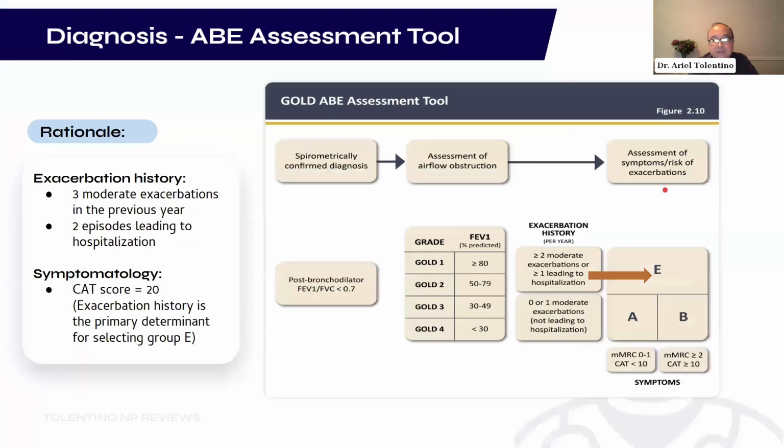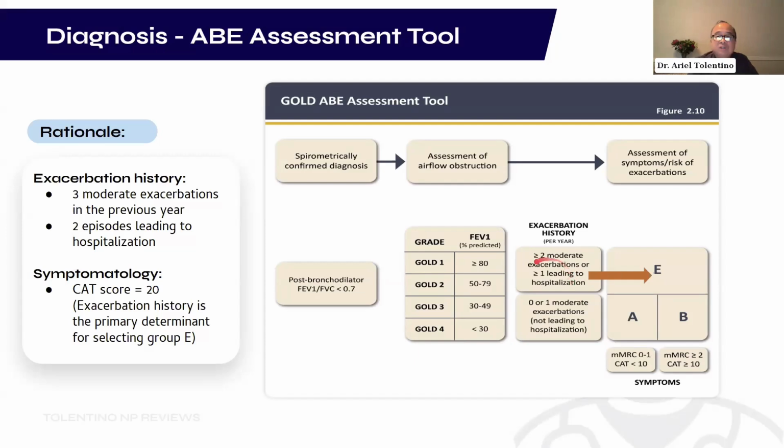Now, basing this on our assessment tool, our group E should be compatible with greater than or equal to 2 moderate exacerbations in the previous year, or greater than or equal to 1 of those exacerbations leading to hospitalization.